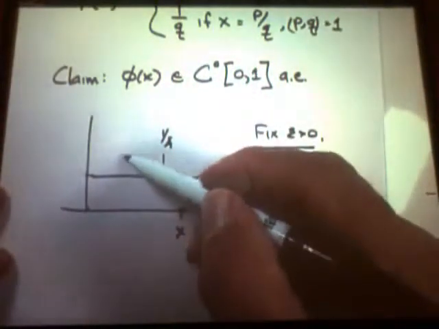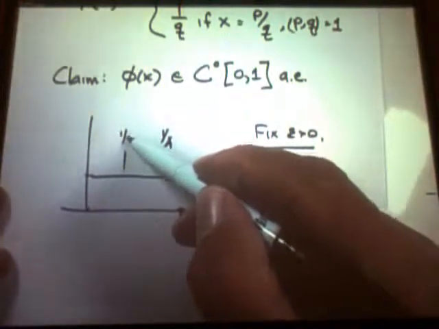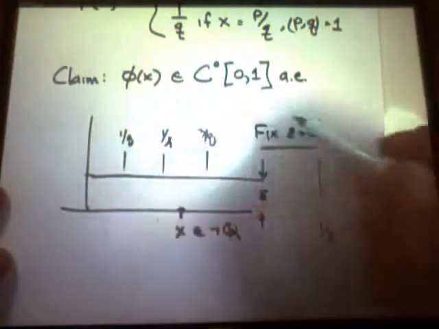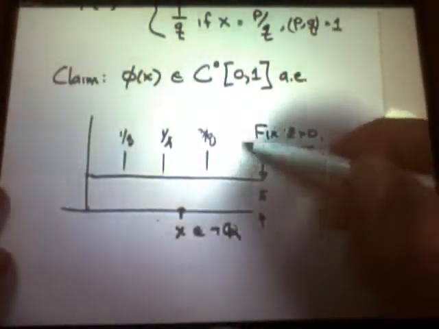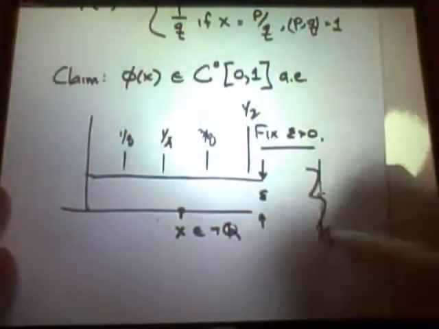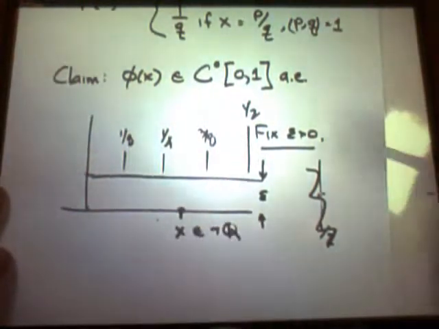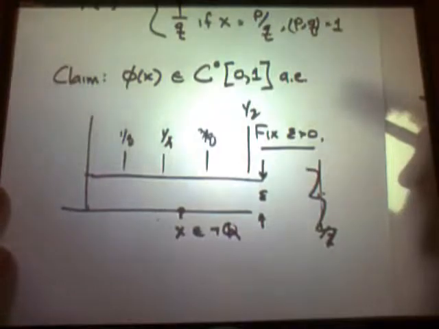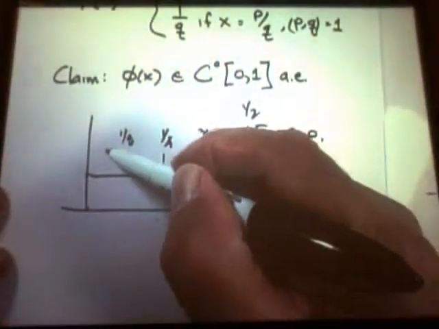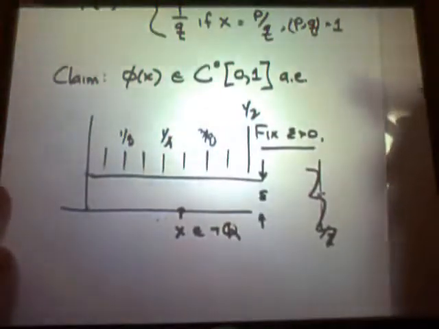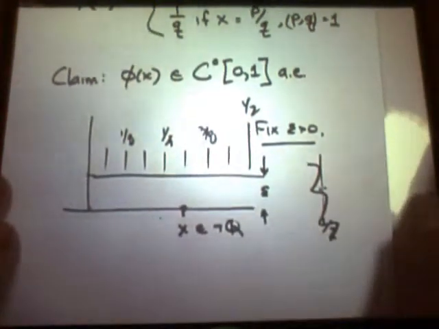Multiples of an eighth. So I'd have 1/8, 2/8, 3/8, 4/8. This really isn't very much to scale. There's 1/2. Right? 1/8, 1/4, 3/8, 1/2. All right. 1/16, 3/16. But what's the value of this function on 1/16?